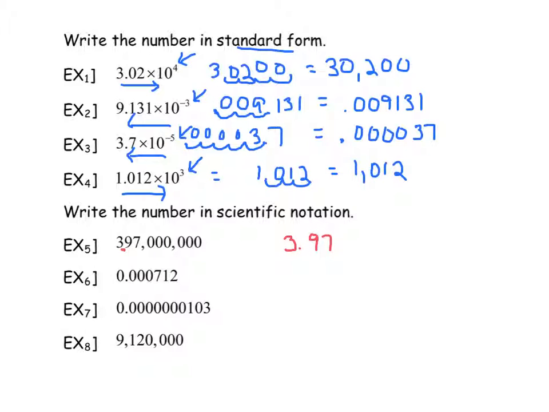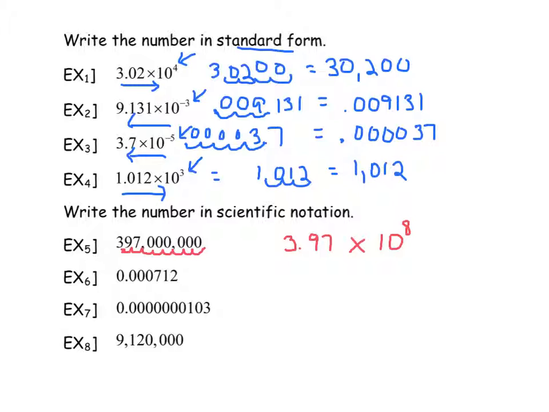And then I count how many places I had to move the decimal. So I moved it 1, 2, 3, 4, 5, 6, 7, 8. So I moved it 8 places, and it's a very large number. It's not a number that's less than 1, so I know my exponent is positive 8.